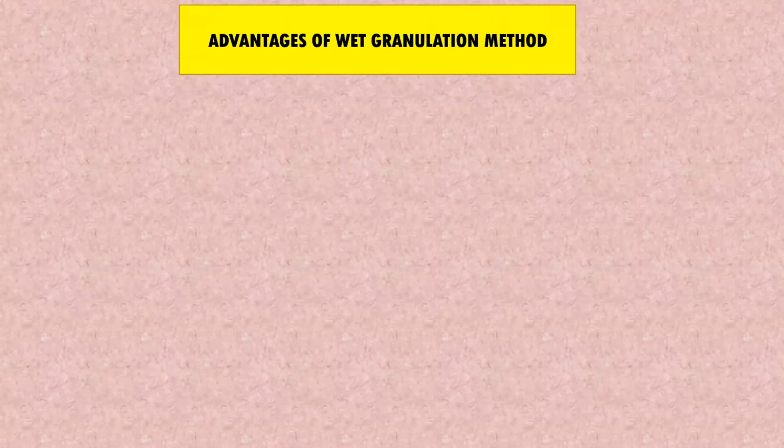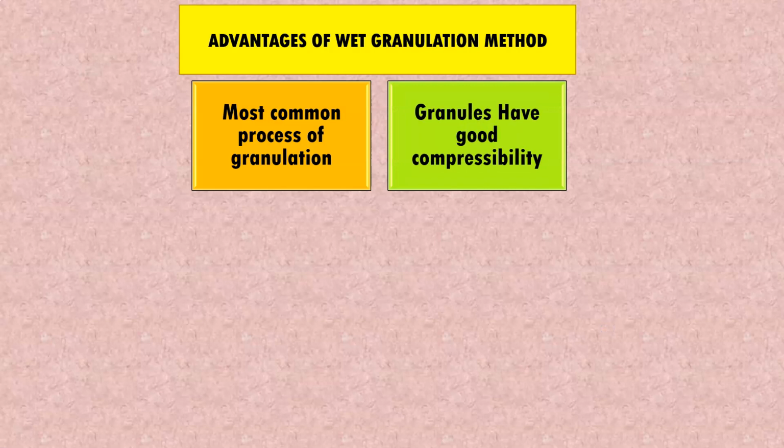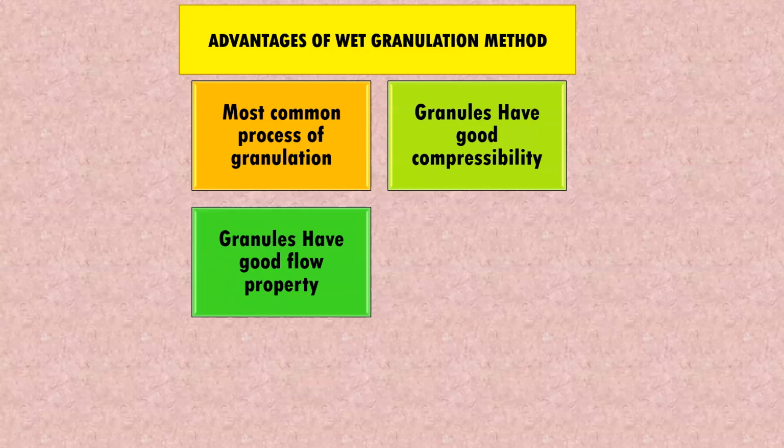Now let us see the advantages of wet granulation method. First advantage is it is the most common process of granulation. Then the next advantage is the granules prepared by wet granulation method have good compressibility. Then the next advantage is granules have good flow property.